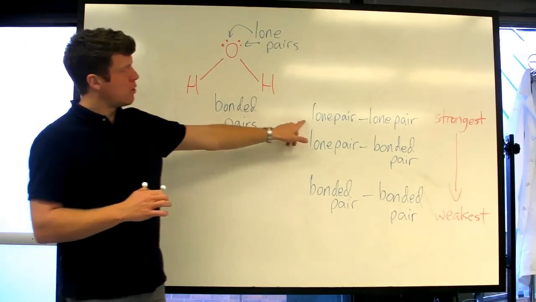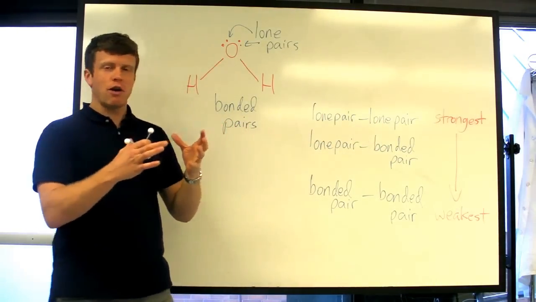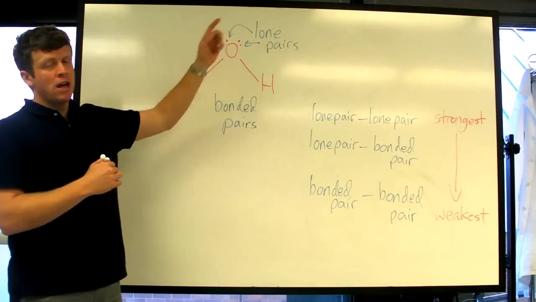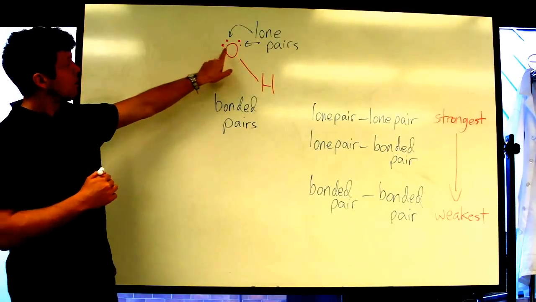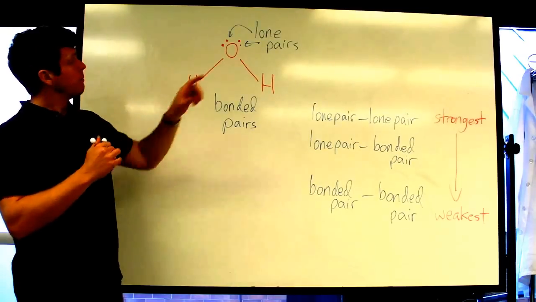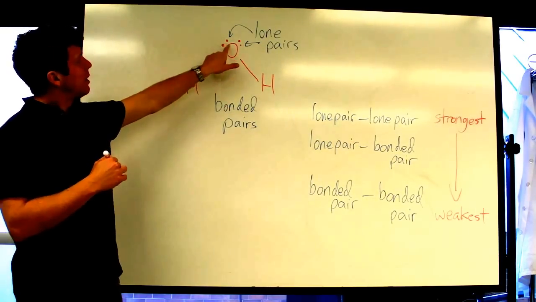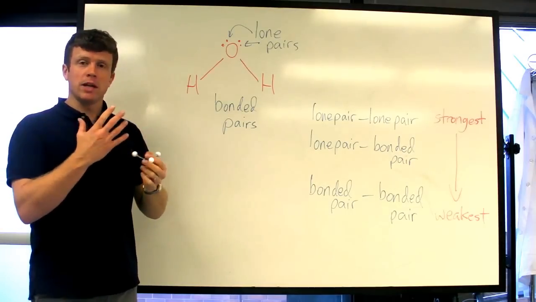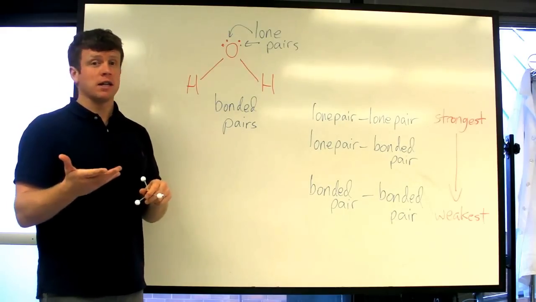If you have an interaction between two lone pairs, that's the strongest. The reason is they're actually closer to the nuclei. So these two pairs of electrons from the oxygen are closer to the nuclei, which should be right in the middle, but you can't see it, than these bonded pairs. Remember that most atoms have a certain level of electronegativity.